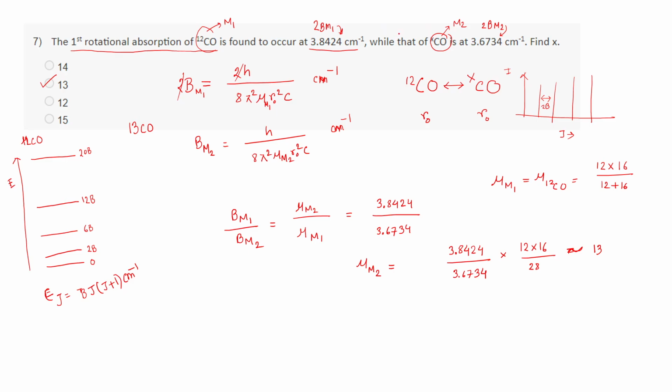Suppose this is the energy level of the 12CO rotational levels, for J equals 1, 2, 3, 4 and 5.